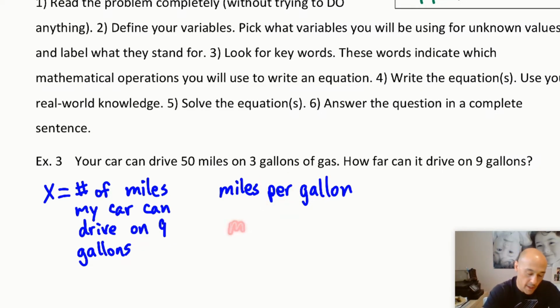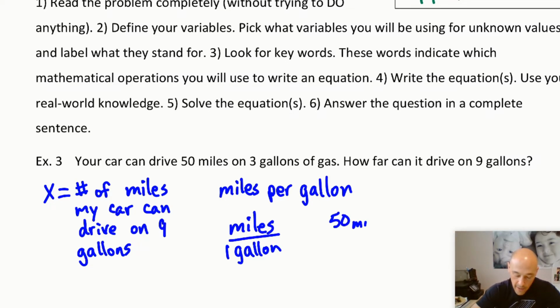So it's miles divided by 1 gallon. And so we're talking about division here. So this can help us to see that we're going to set up a proportion. We know that we can drive 50 miles on 3 gallons. And what we want to know is how many miles we can drive, that's x, on 9 gallons.